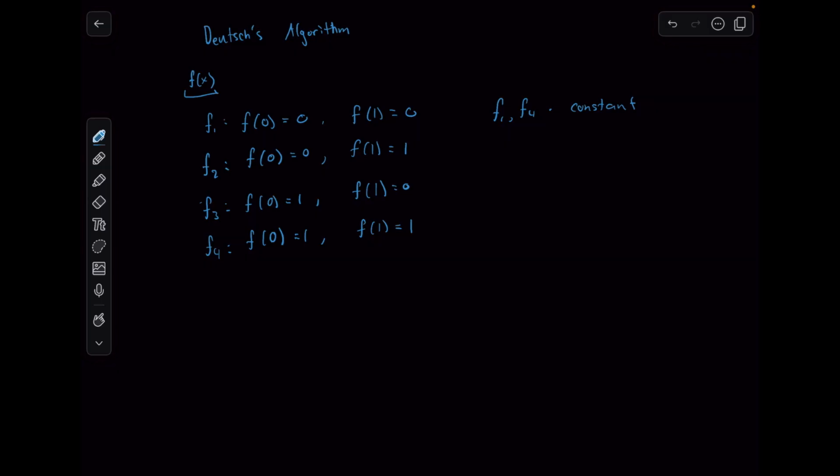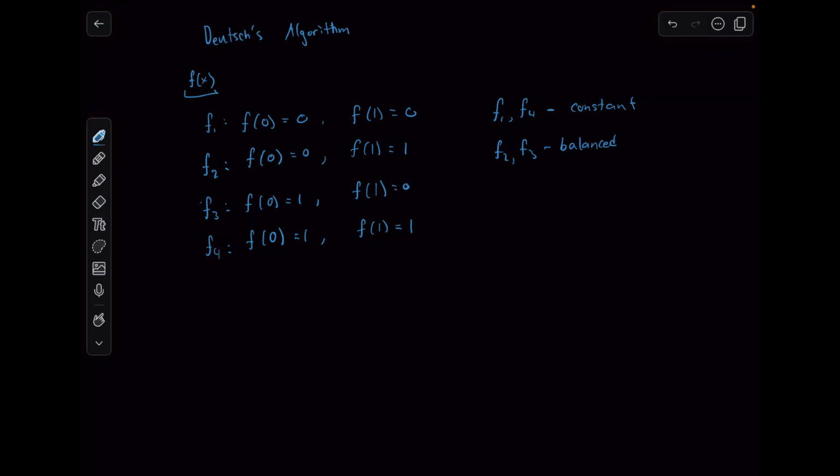And that's clear. f1 just returns 0, f4 returns 1. And then f2 and f3 can be grouped into what we'll call balanced. And balanced just means there's as many zeros as there are ones in the function output.